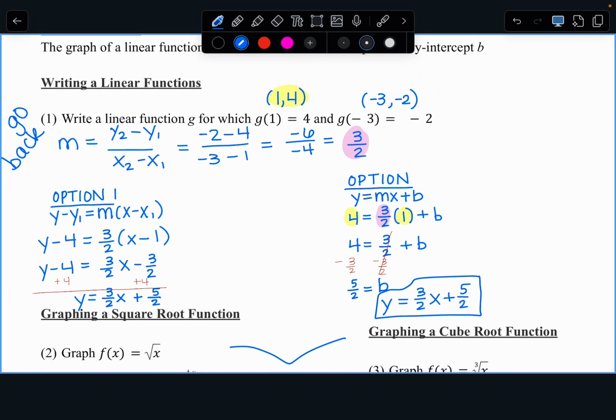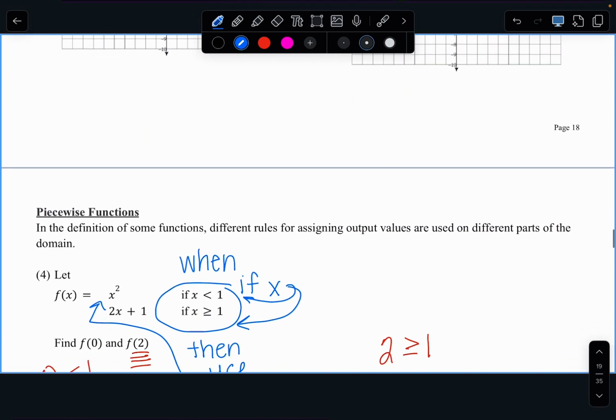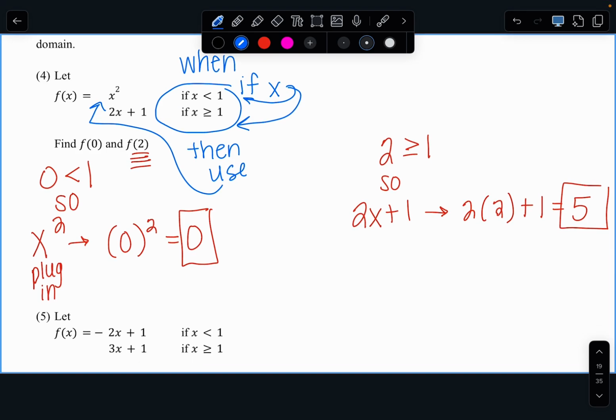All right. Other parts that we skipped from last class, I believe, were piecewise functions. We talked a little bit about piecewise functions. The inequality tells you when to use the function on the left. It's based on certain values of x.